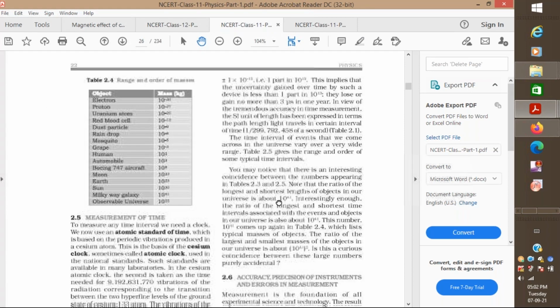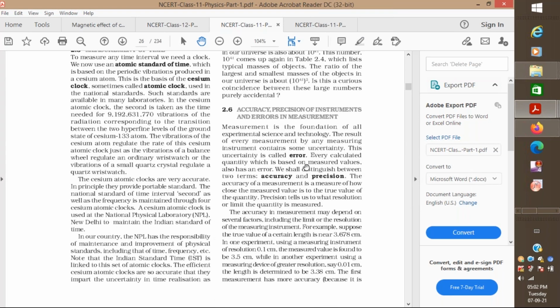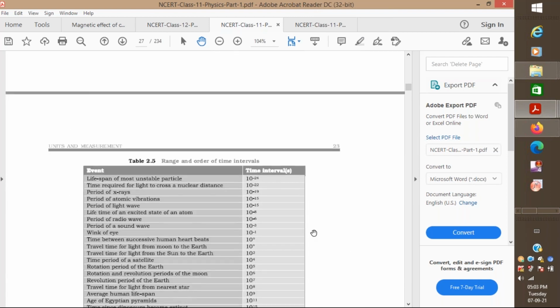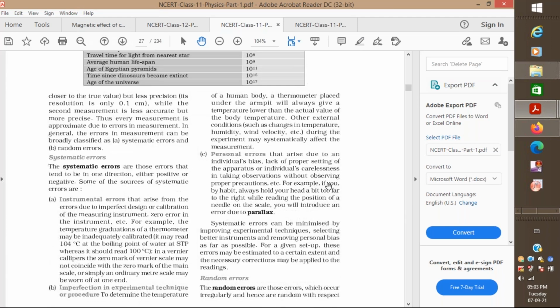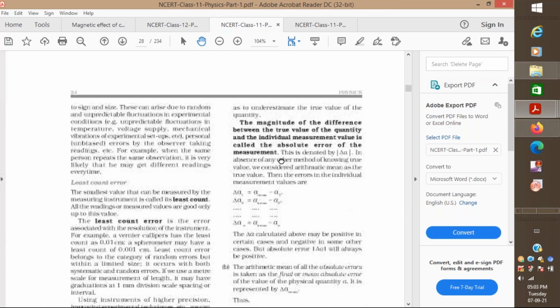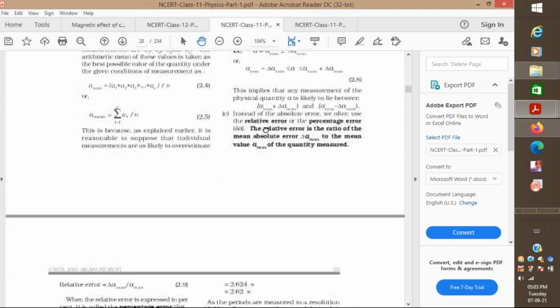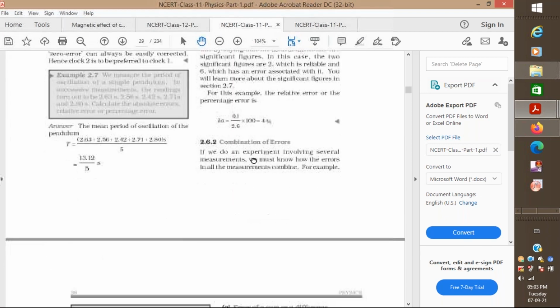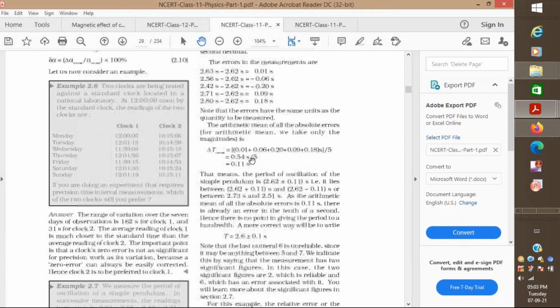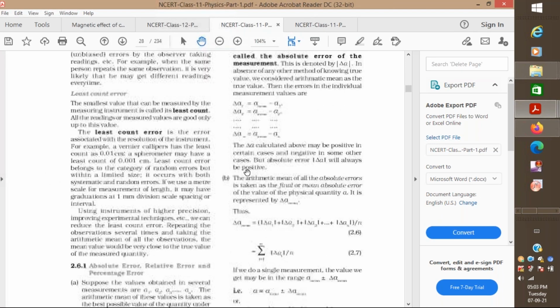Then there are many other things we'll learn, like the errors we make in measurement. These are also important, and we'll take up various numerical examples. Let me see how much we can cover next class. Most probably we'll have to take another 2 classes for this chapter, because there are many good things which we have to learn appropriately.